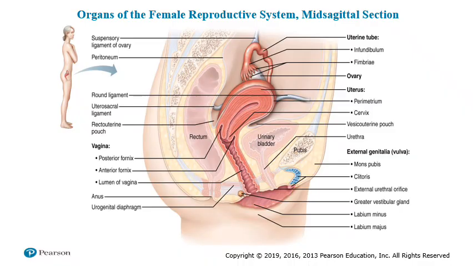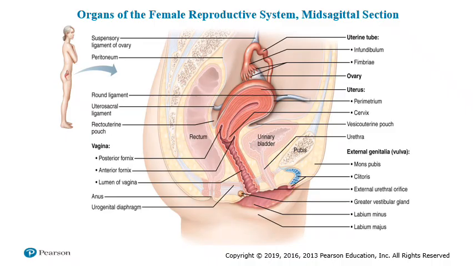The myometrium is the bulky middle muscular layer made up of interlacing layers of smooth muscle, which contract rhythmically during childbirth. And then the innermost layer is the endometrium, which is the mucosal lining made up of simple columnar epithelium on top of a very thick lamina propria.